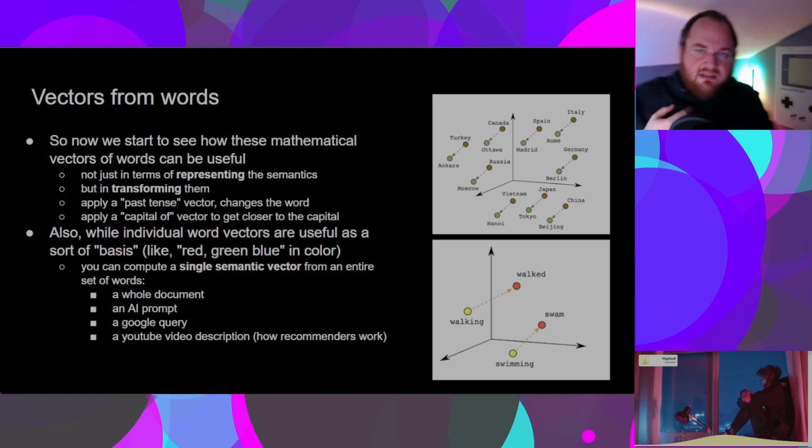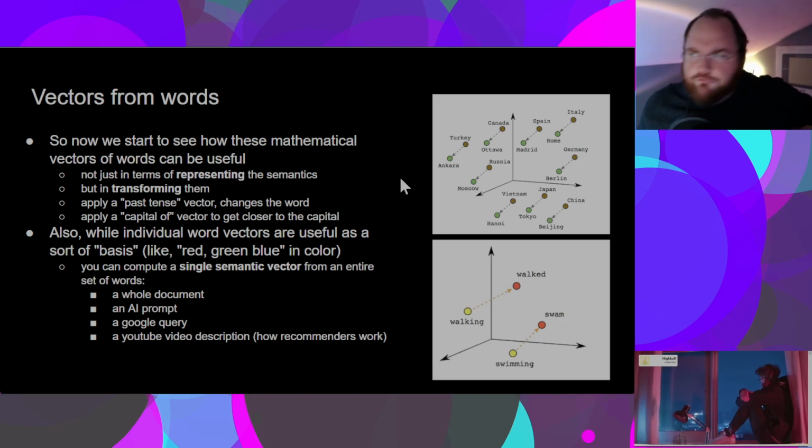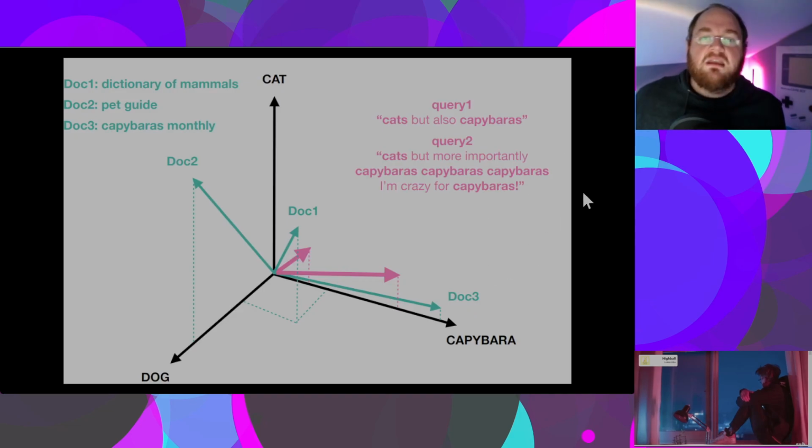This is how Amazon was able to do that thing about 10 years back. It was predicting when women were pregnant before they knew it, just based on the kinds of things they had been shopping for. Freaky, but real. Okay, so this is the concept: how we get words and whole sentences, whole documents, whole queries, whole strings into numerical mathematical forms.